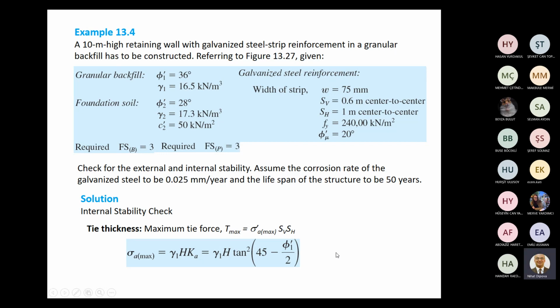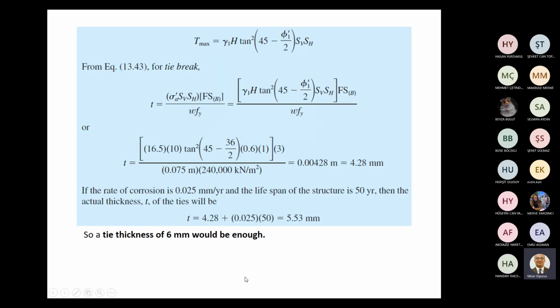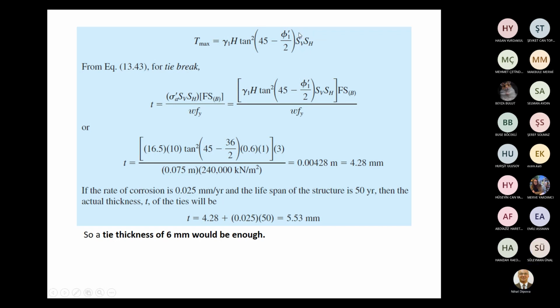And let us start with tie thickness. Sigma A, but maximum is at the bottom of the wall, can be calculated using this Rankine relationship. So T max, the maximum tie force, will be equal to sigma A multiplied by the dimension of the facing elements.